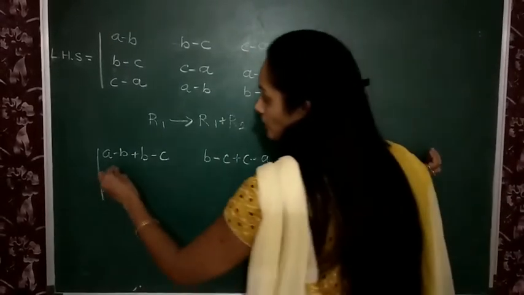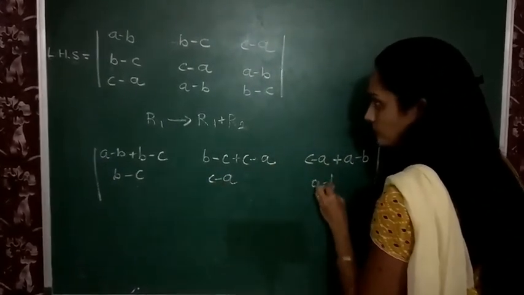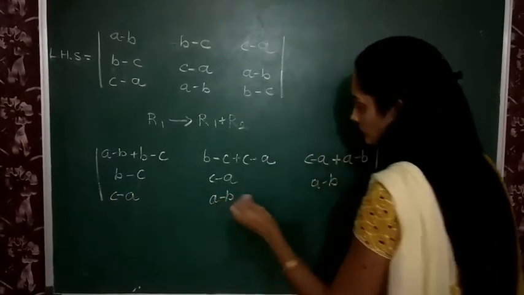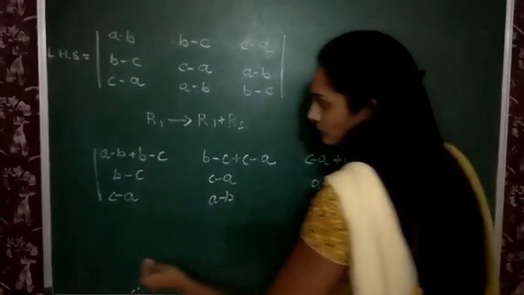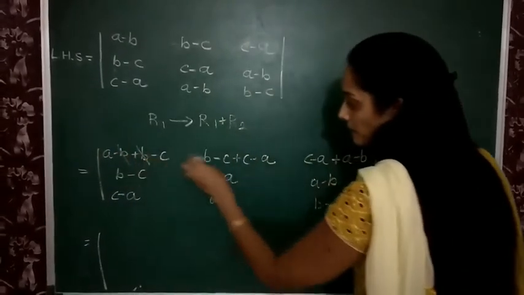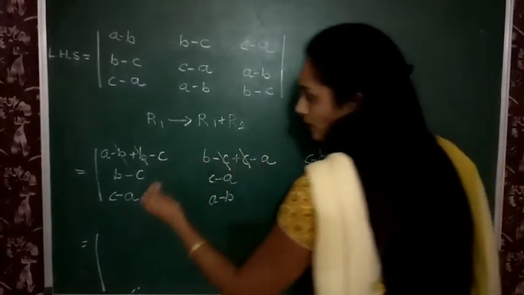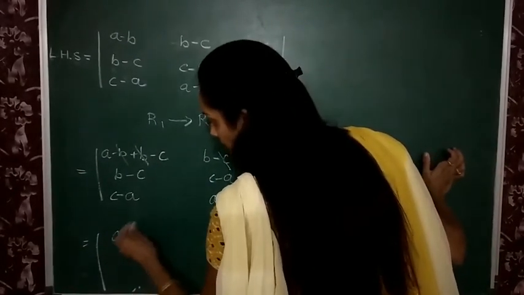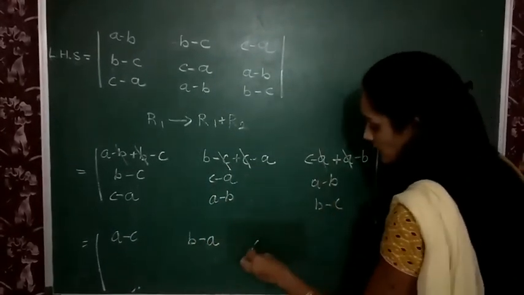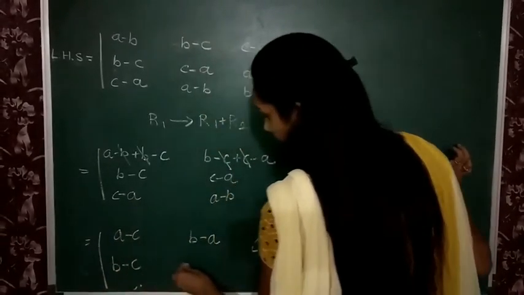Second and third row as it is. Now we have minus c plus b, minus c plus c, minus a plus a. So we get a minus c. Here b minus c. Here c minus b. Okay, second and third row as it is.